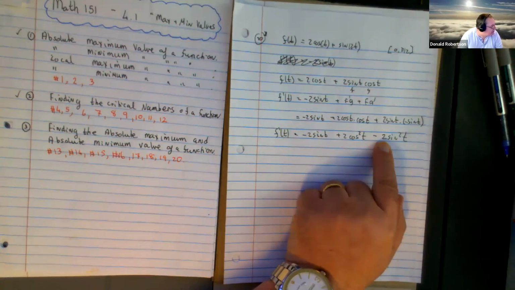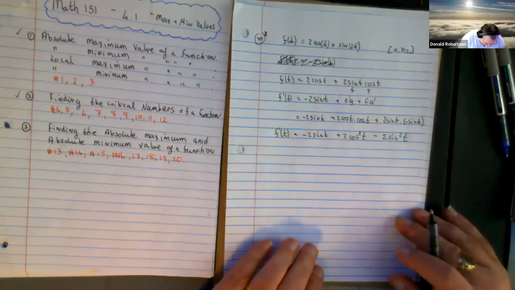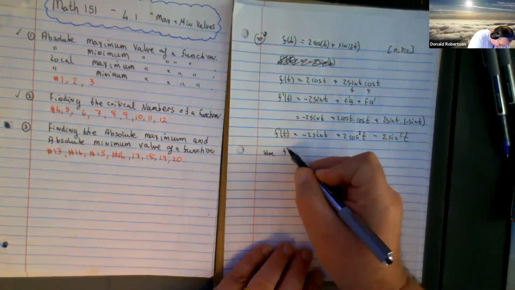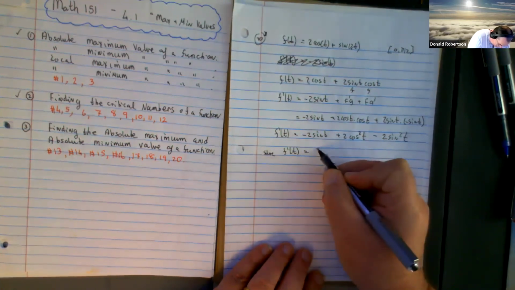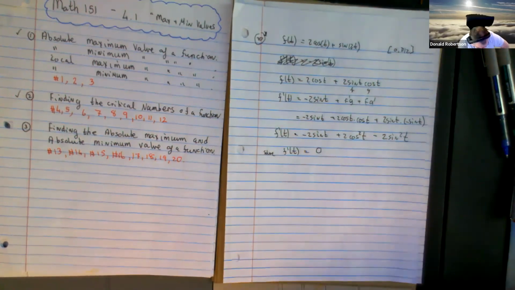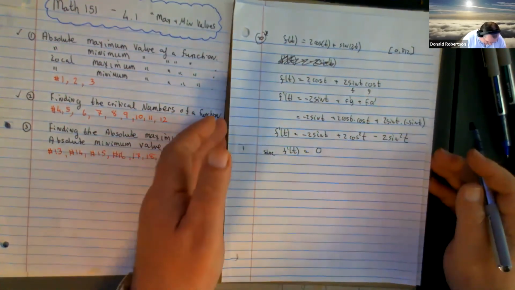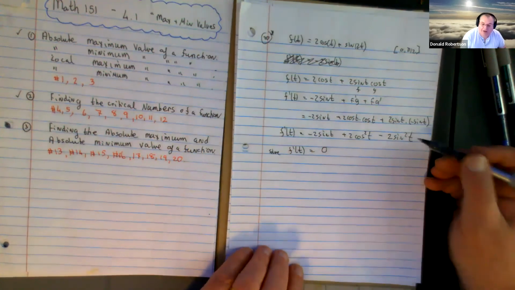But it does make our life a little bit difficult, because I have to solve when is this fella equal to 0. And my trig class haven't done this guy yet.